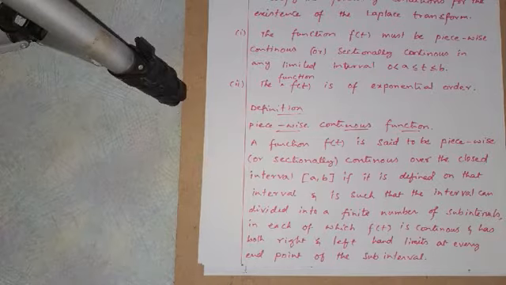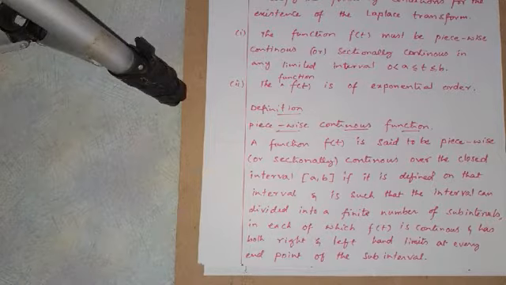Once more, a function f of t is said to be piecewise or sectionally continuous over the closed interval a comma b if it is defined on that interval and the interval can be divided into a finite number of subintervals, in each of which f of t is continuous and has both right and left hand limits at every endpoint of the subinterval.